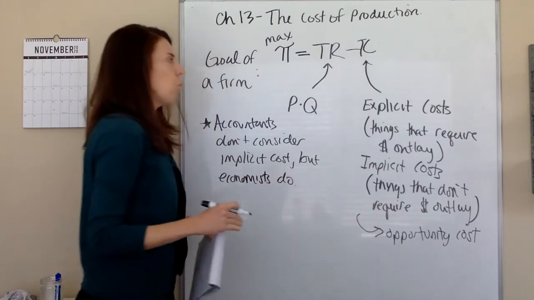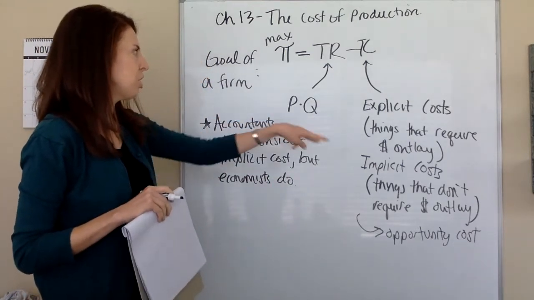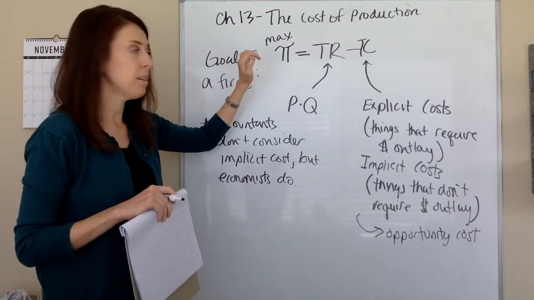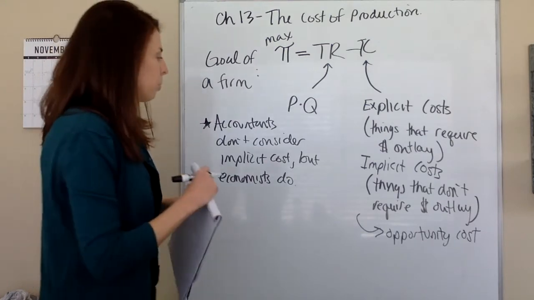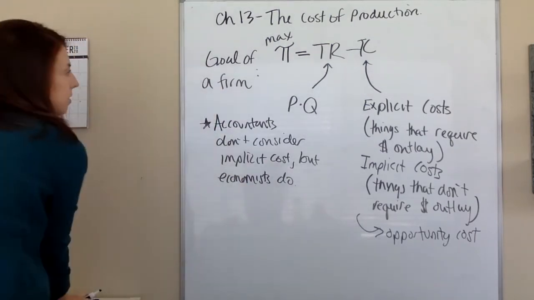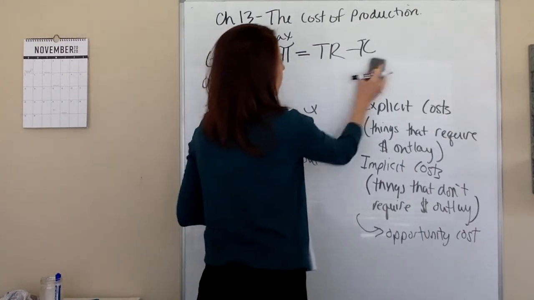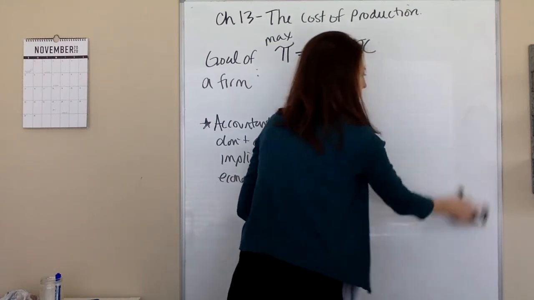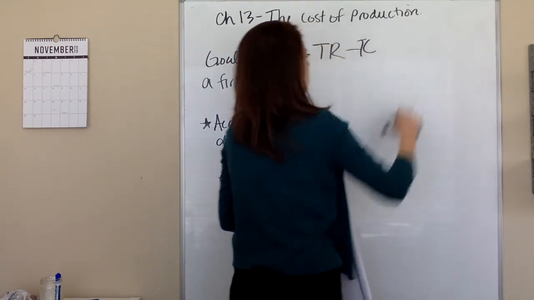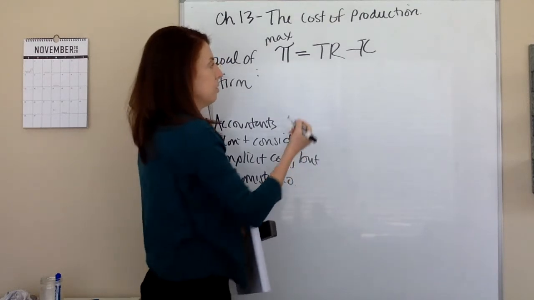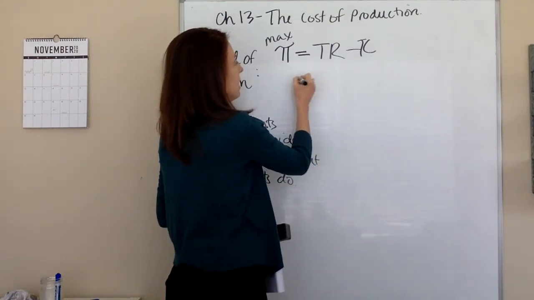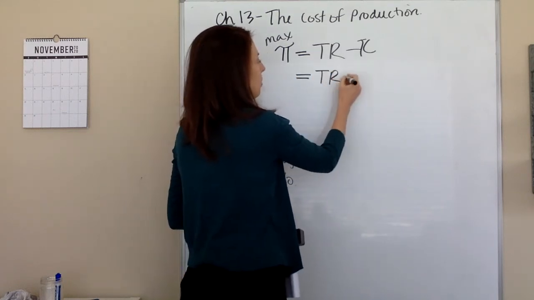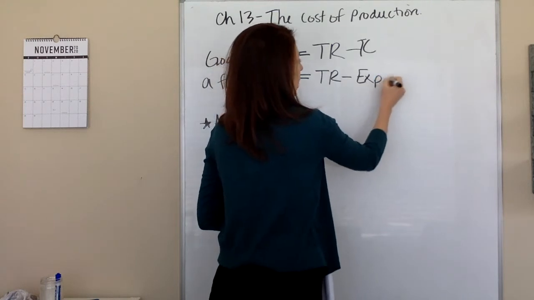Okay, think about how this would lead to a deviation in the profit that an accountant calculates versus the profit that an economist calculates. If profit is total revenue minus total costs, and one discipline has two things within total cost, and the other discipline has one thing within total costs, then an accountant would say profit equals total revenue minus explicit costs.